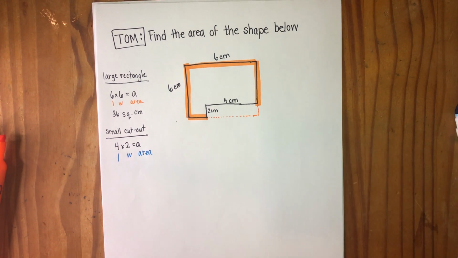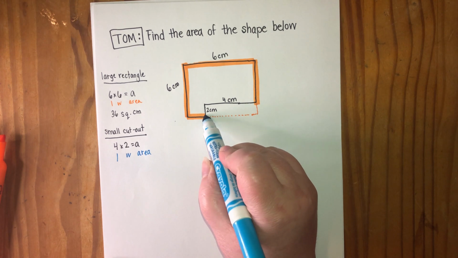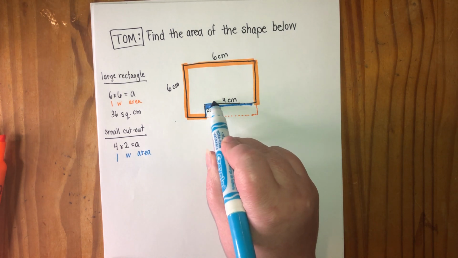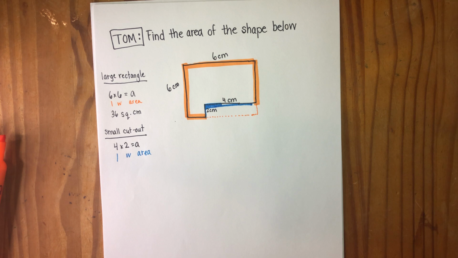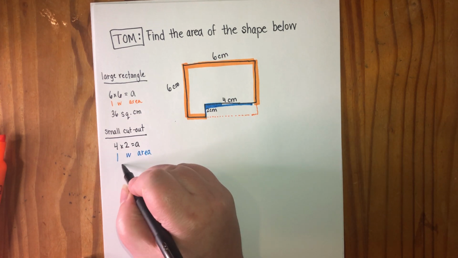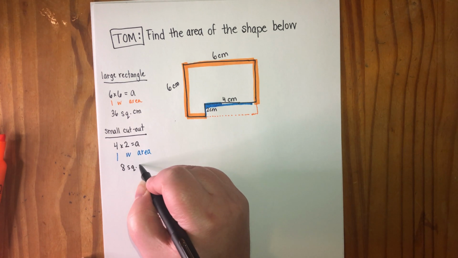What is the area of the small cut out rectangle? Yes, 4 times 2 equals 8 square centimeters.